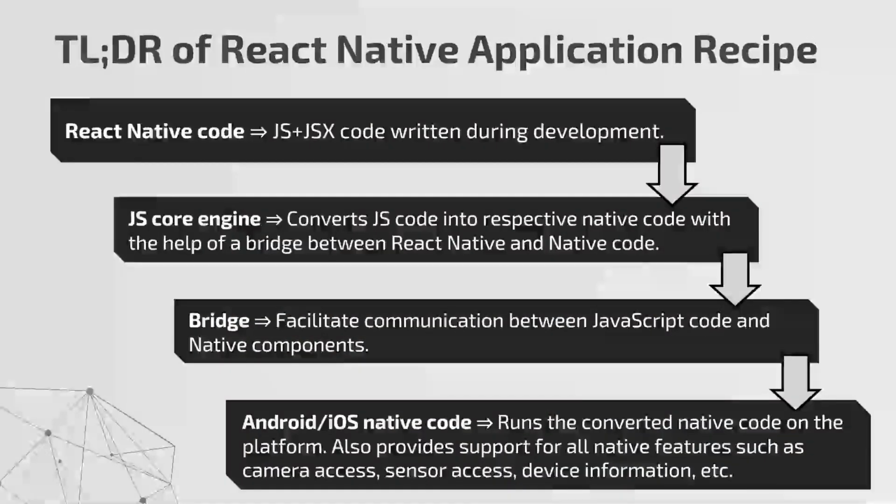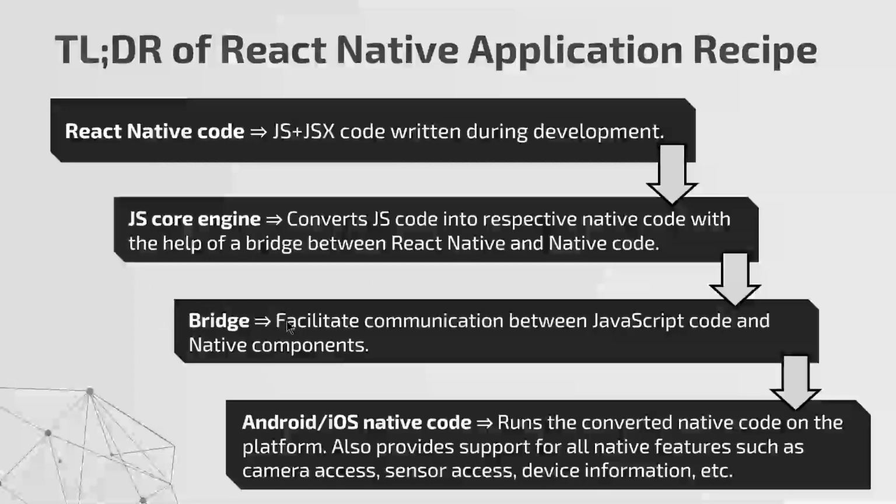So this is what we have learned from the last 10 to 15 minutes. This is the React Native code, we can say JS plus JSX code written during development on the React Native framework, which is sent to the JavaScript core engine, which converts JS code into the respective native code, right? Native code of Android or iOS. With the help of a bridge, it communicates between React Native and the native code.